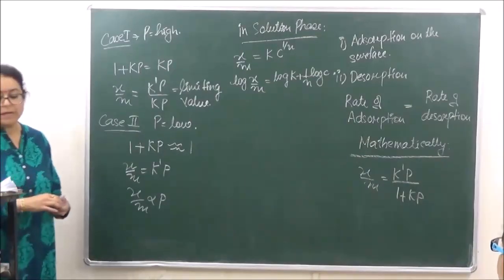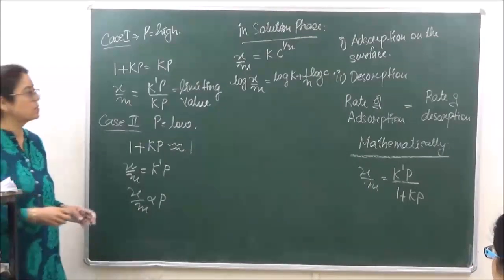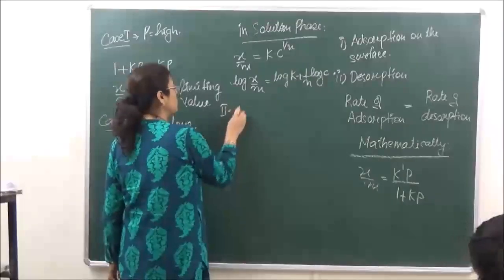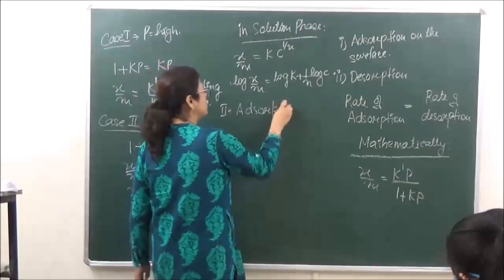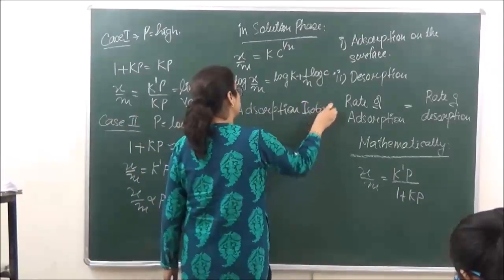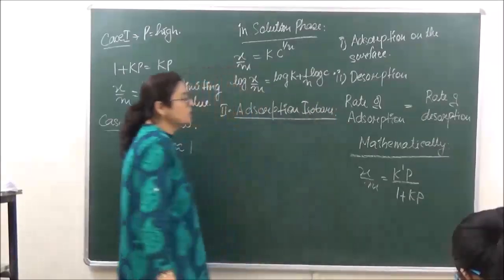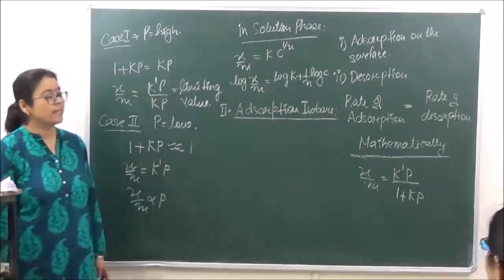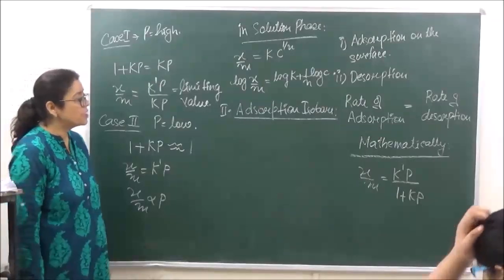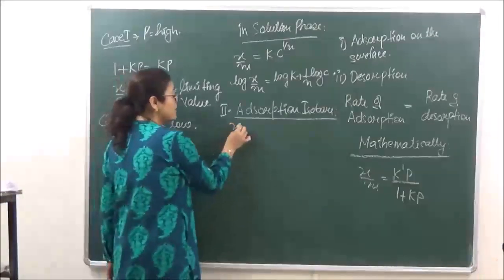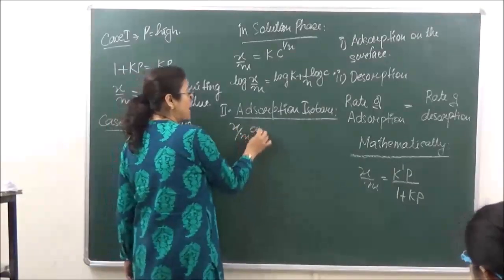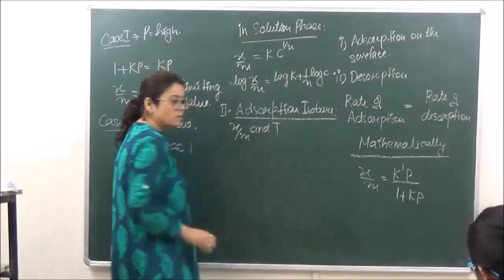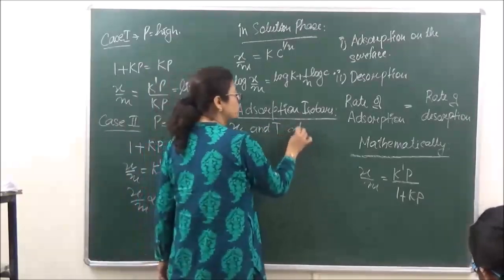Okay? Then, these were the isotherms. The next we have adsorption isobars. Adsorption isobars give us a relationship between extent of adsorption and temperature at constant pressure.